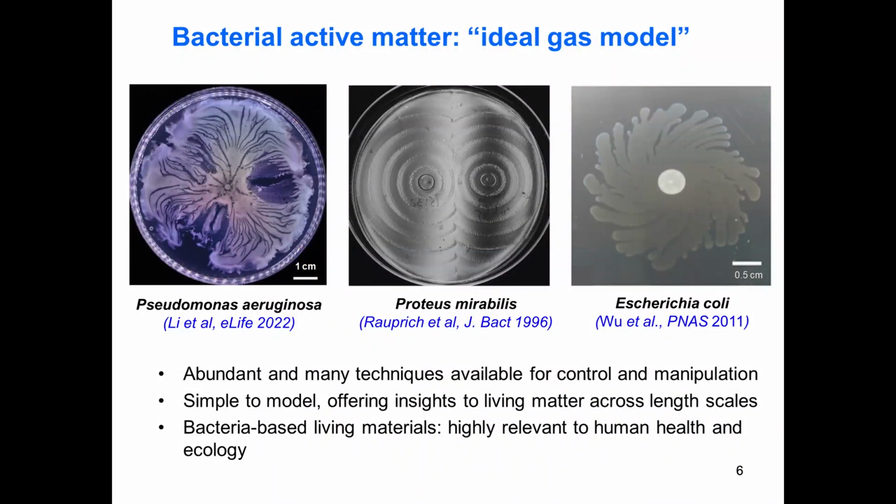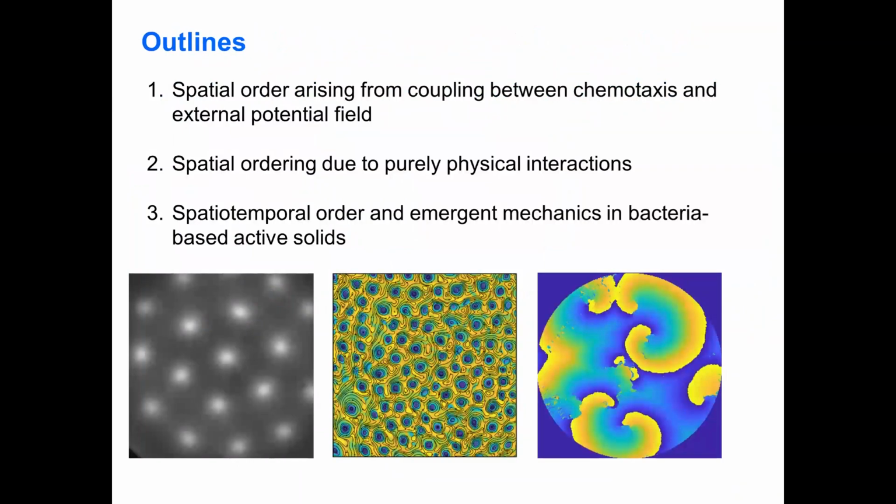In addition to the relevance in physics and biology, the study of bacterial-based living matter will also help to design engineered living materials with novel mechanical functions. And here in this talk, I would like to introduce a few examples of ordering in bacterial living matter.